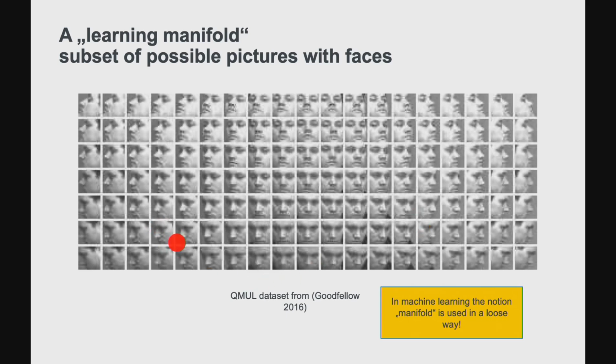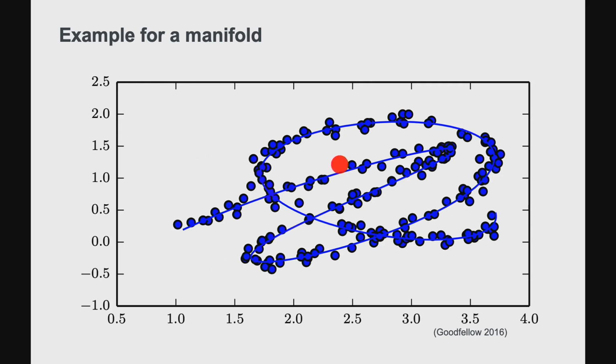Well, I don't know what this is, like 40 pixels by 40 pixels, so 1600 pixels, and 2 to the power 1600. So there's a huge space, more than atoms in the universe. And in this huge space, we care about some small subspace, just as the globe is a two-dimensional subspace.